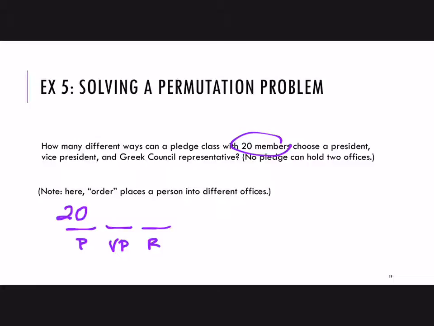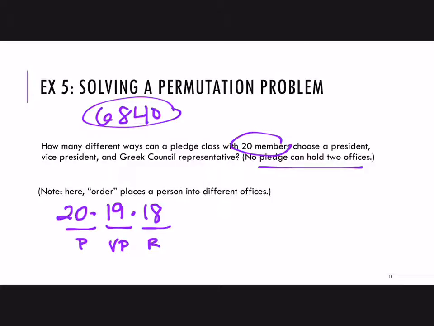Now, since nobody can hold 2 offices, there are only 19 people left for vice president once we've picked a president. And then there would only be 18 people left for the representative. If you multiply those together, that should give you the number of options possible. And I get 6,840 options.